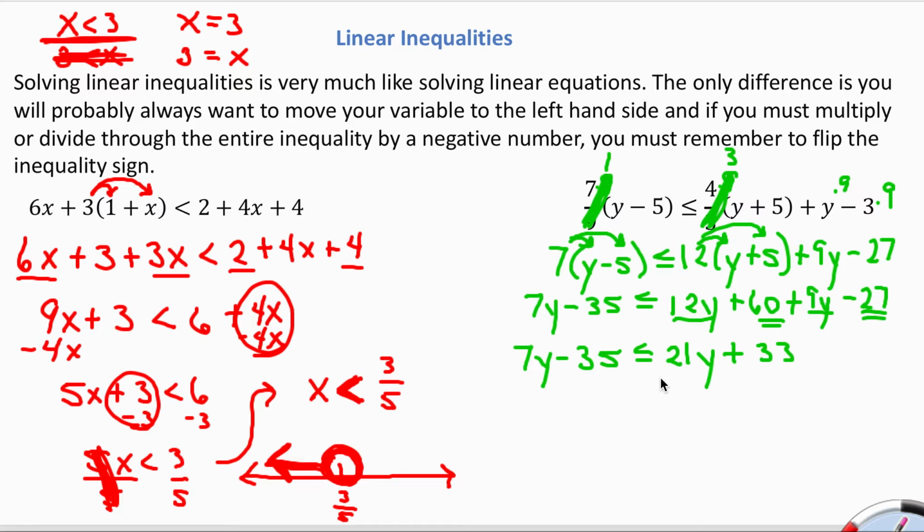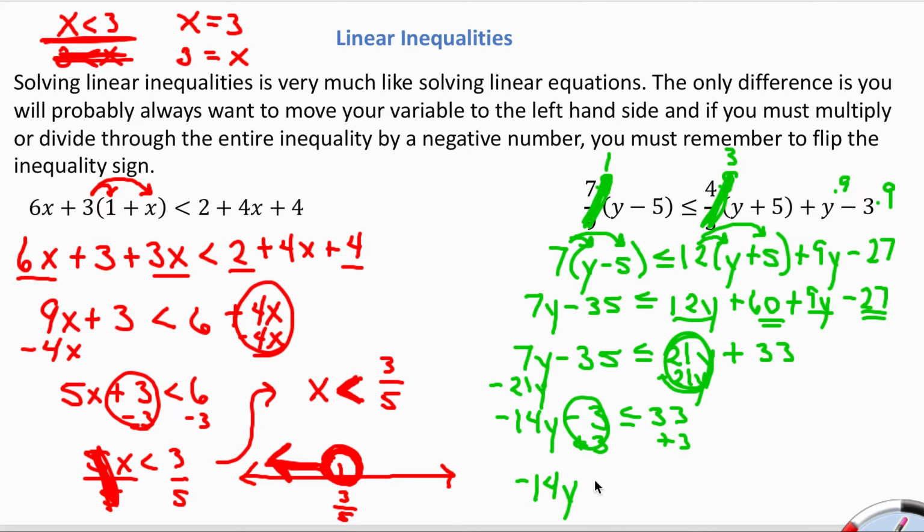Okay, now put all my y's on the same side, and this must be on the left side. Okay, so that they're gone over here. Signs are different, so subtract the numbers. 21 minus 7 is 14. Keep the sign in front of the big one. Undo anything being added or subtracted to the variable. Undo anything being multiplied to the variable.